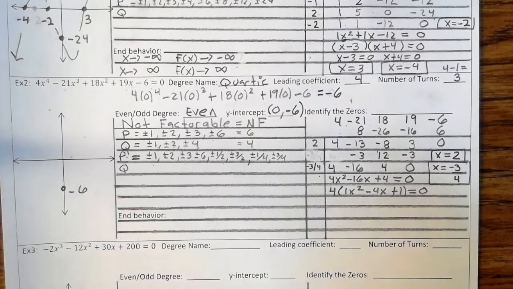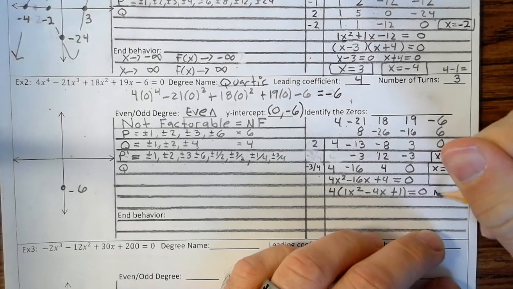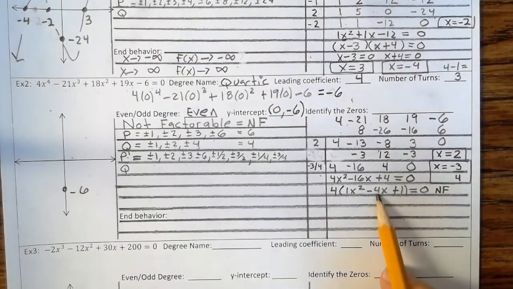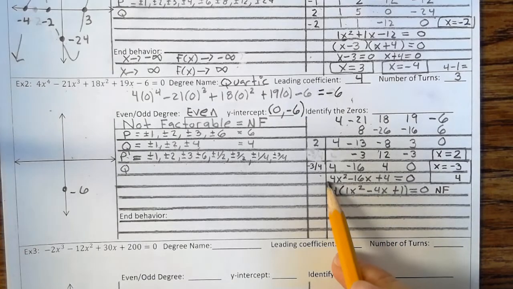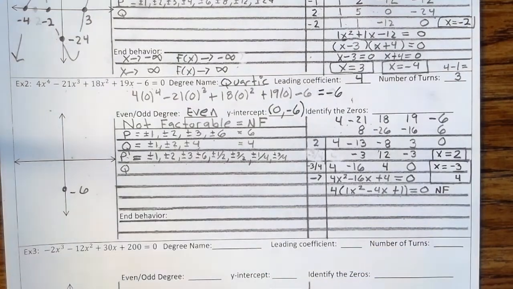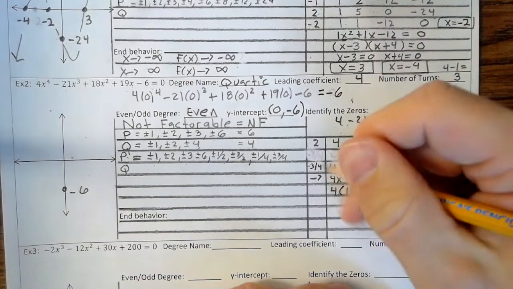Now, this is not going to be factorable because there's no combination of multipliers that give you negative 4. So we're going to come back here and use the quadratic formula.